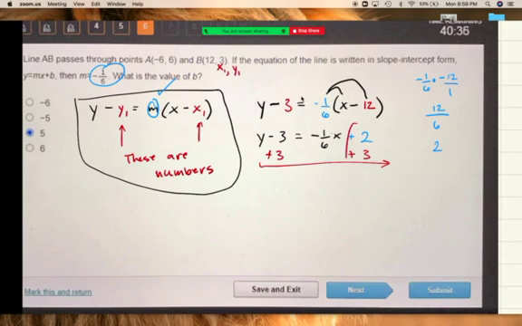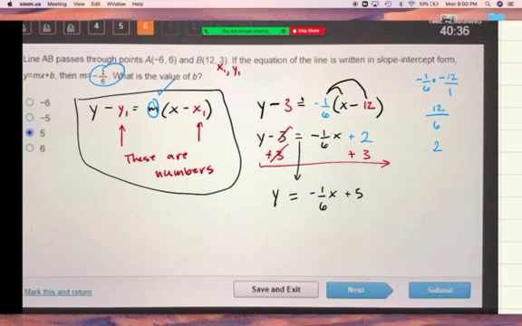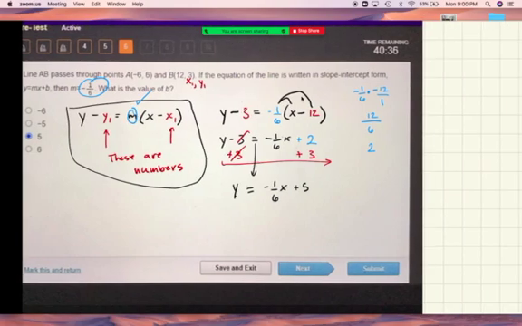So they're both just numbers, so I can add them together. That goes away. Y equals negative 1 over 6x plus 5. So now it looks like this. We have y equals m, which they told us was negative 1/6. And then plus b, we have plus 5, so the b is just 5.